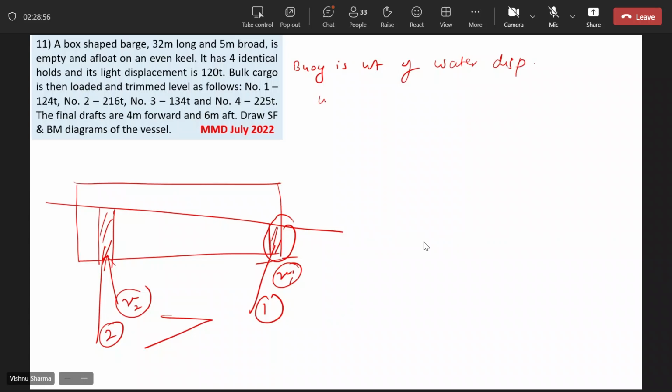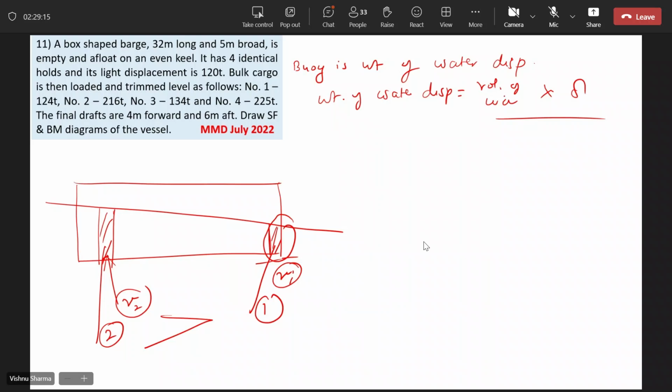And what is the weight of water displaced? This is equal to the volume of water displaced times the density of the water. Am I right? Correct, guys?